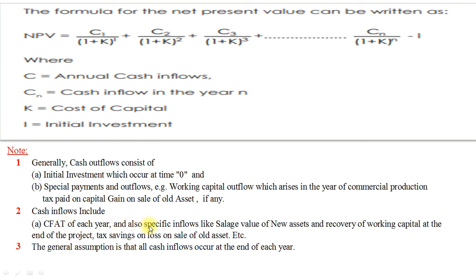And also specific inflows like salvage value of new assets and recovery of working capital at the end of the project, plus tax savings on loss on sale of old assets, etc. So here cash inflows include CFAT of each year, plus salvage value of new assets, plus recovery of working capital at the end of the project, plus tax savings on loss on sale of old assets.